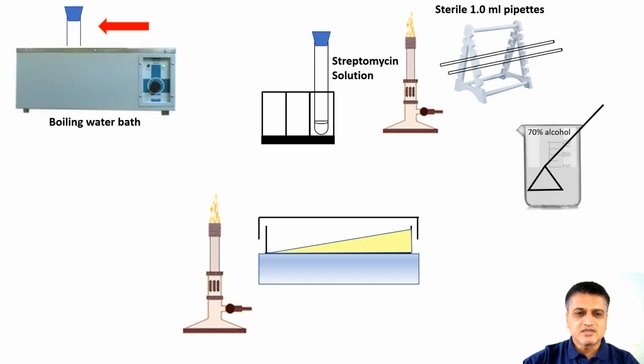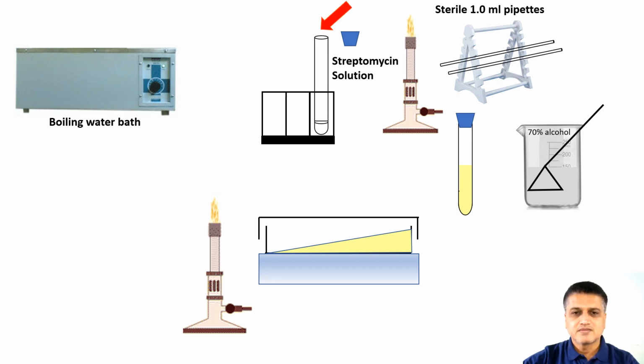Now take second tube of sterile 10 ml melted nutrient agar from boiling water bath. Allow the tube to cool down up to 50 degrees Celsius. Open the tube of streptomycin solution.